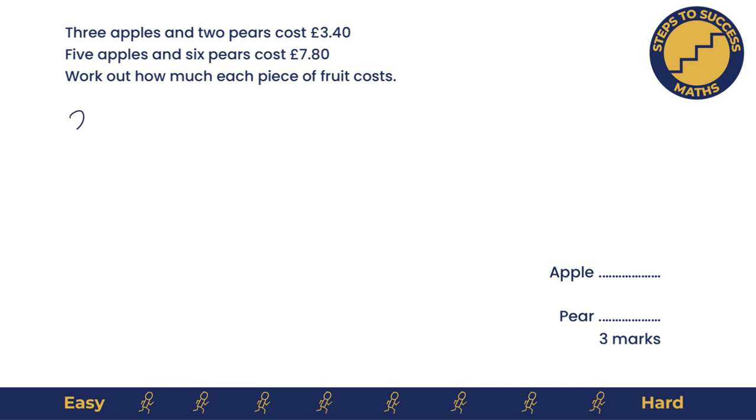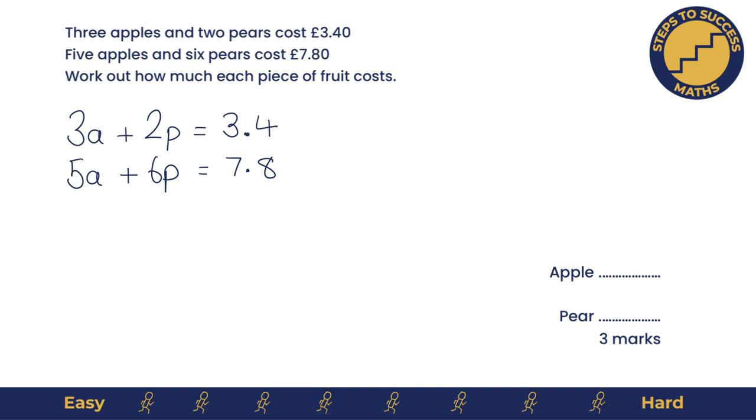So 3 apples, 3A, plus 2 pears, 2P, equals £3.40, so 3.4. And then 5 apples, 5A, plus 6 pears, 6P, is equal to £7.80, so 7.8. I don't need the 0 on the end, it doesn't mean anything.